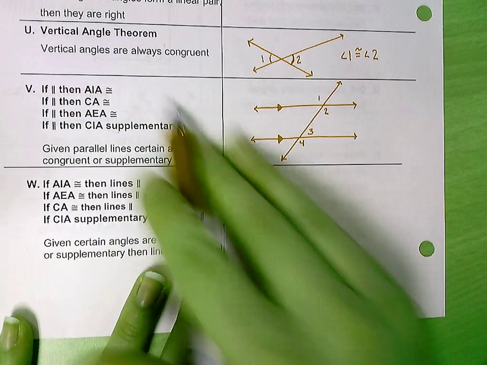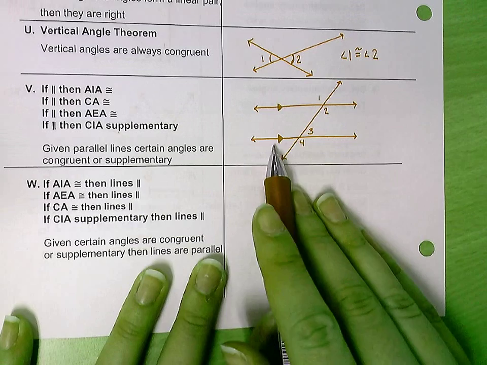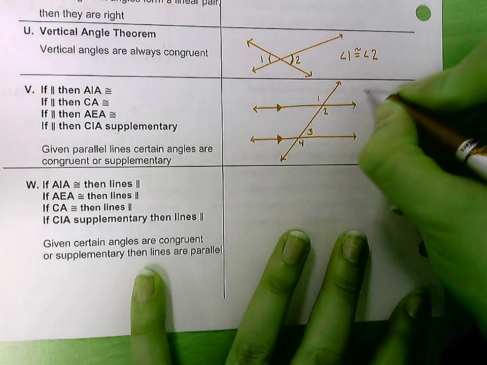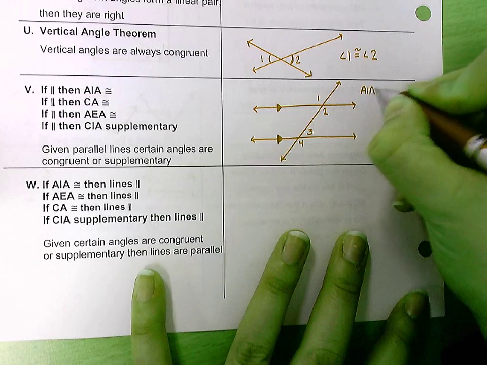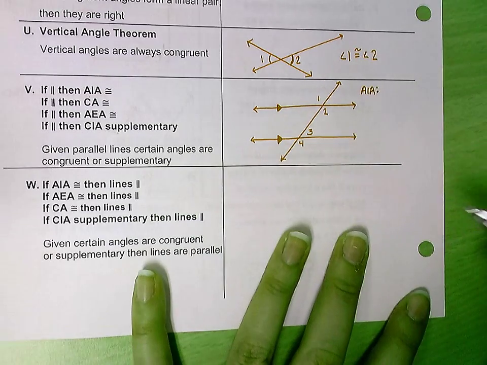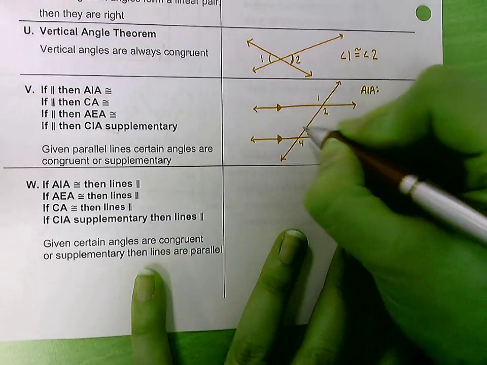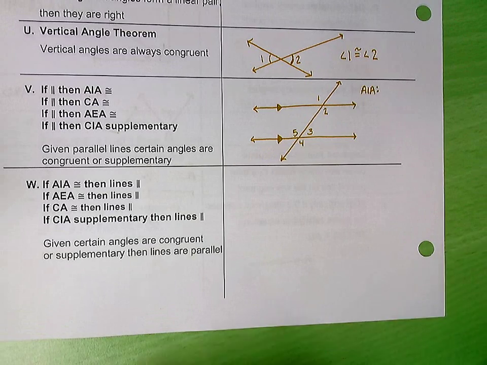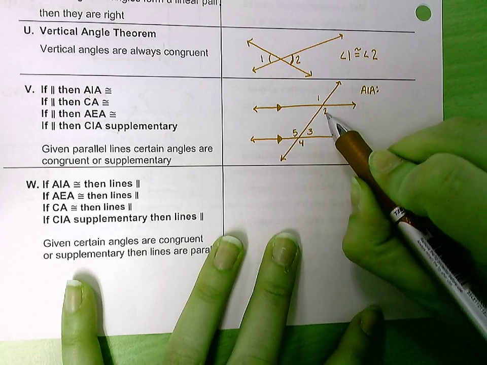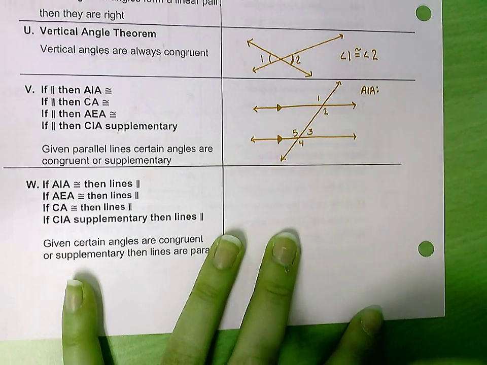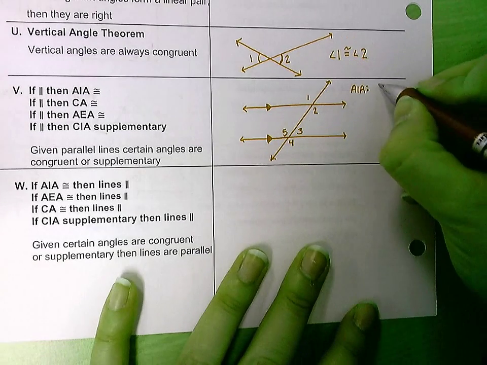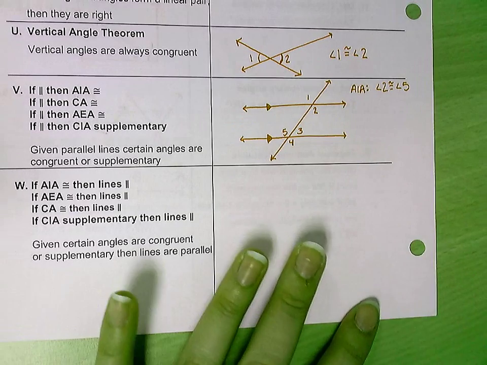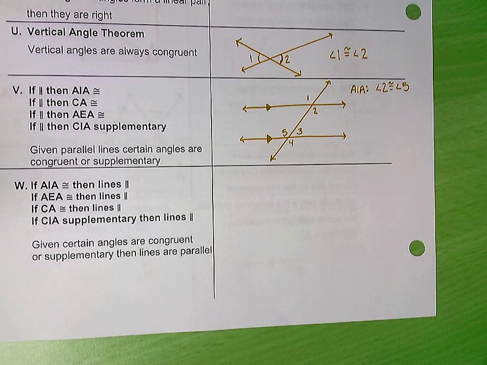Given these, if I know I have parallel lines, I could say for my alternate interior angles, angle 2 and angle 5 are congruent. Those are your alternate interior angles.